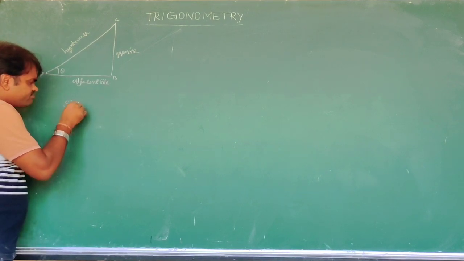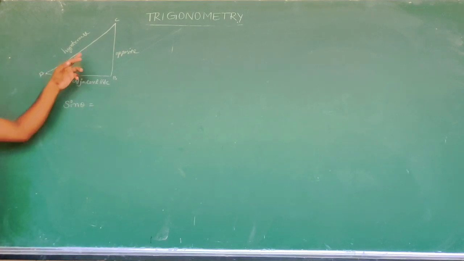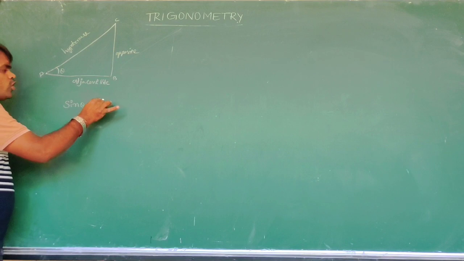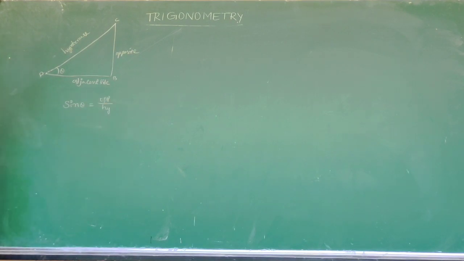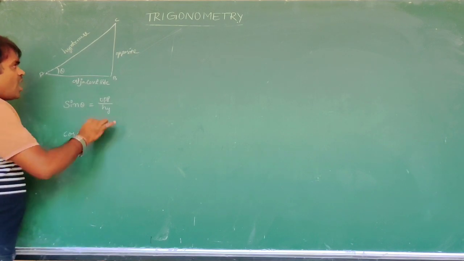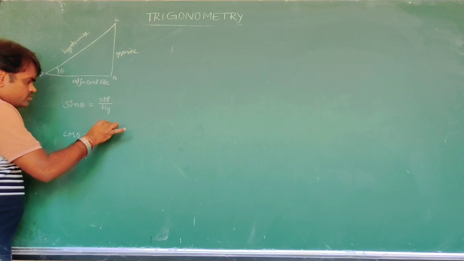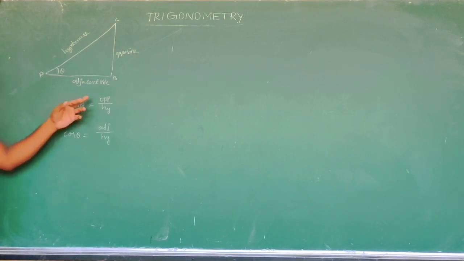Sin theta is opposite side to the hypotenuse. Cos theta is adjacent side to hypotenuse. Sin theta means opposite by hypotenuse.